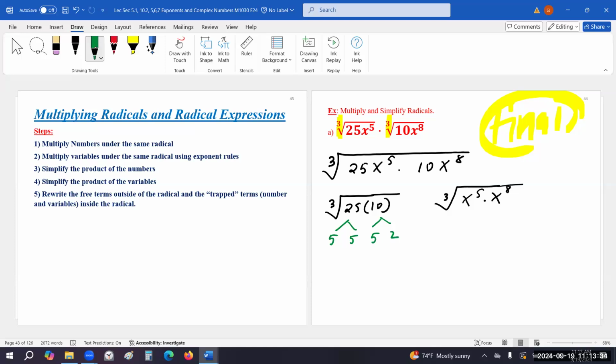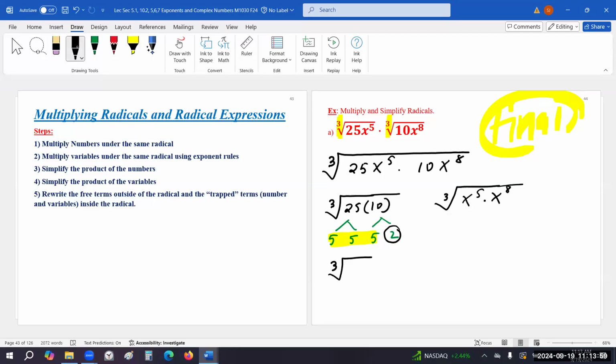Since we are doing cube root, we want to see same number 3 times. Do you see same number 3 times? Great. So we see 3 fives, and we have something extra. Since we have this extra thing, we are going to split our radical into 2 pieces.